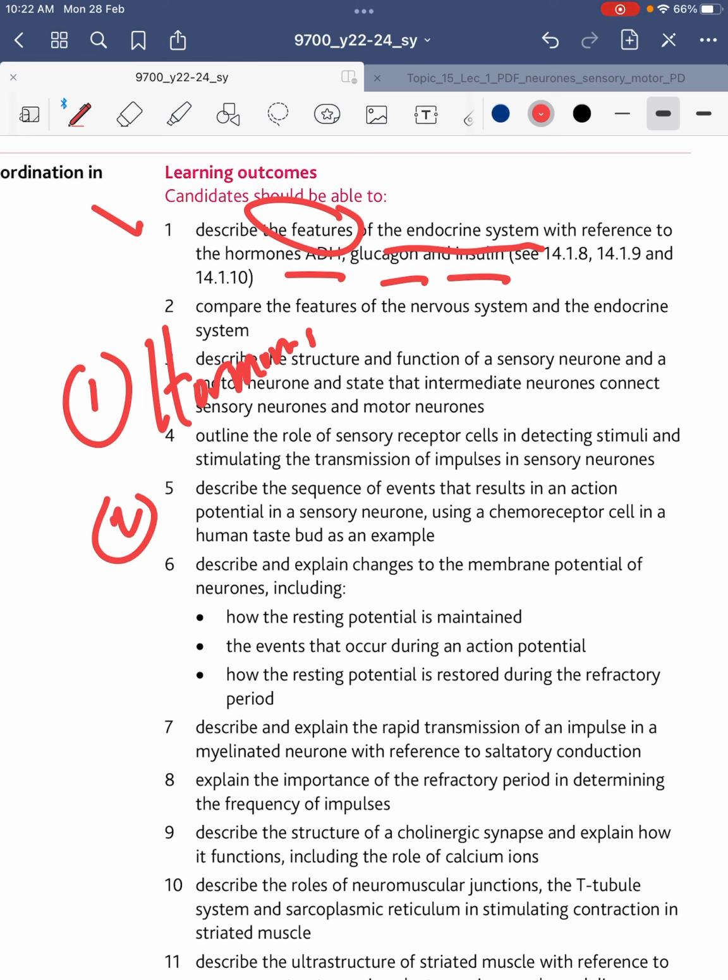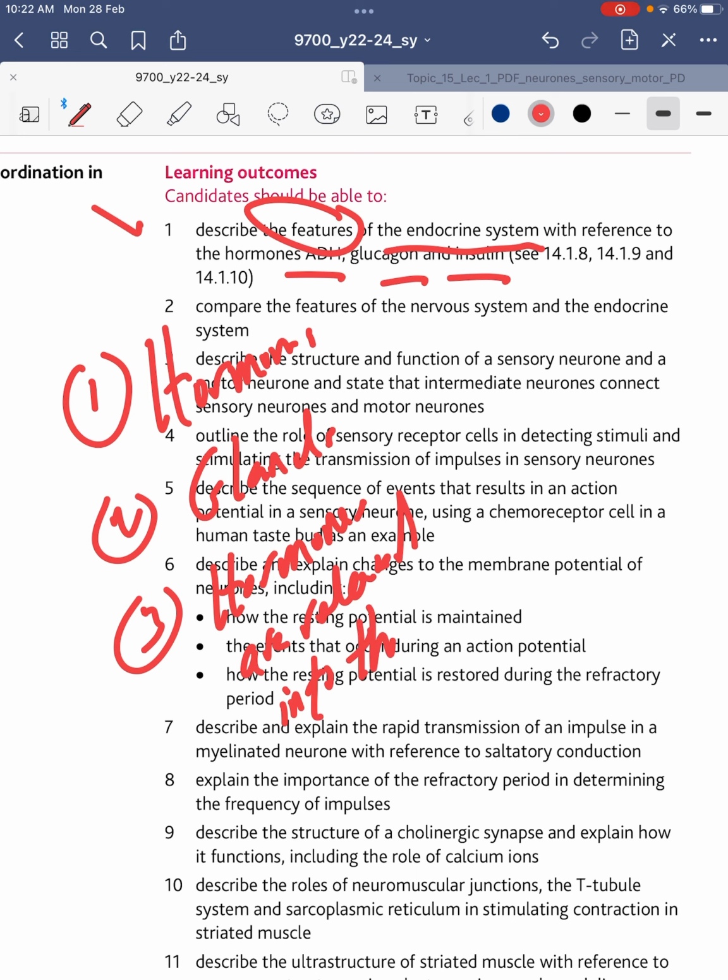Number 2, what produces the hormones? The glands. Glands are the organs that produce hormones. And number 3, the hormones are released into the bloodstream.